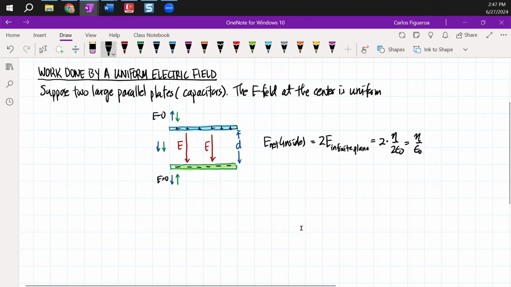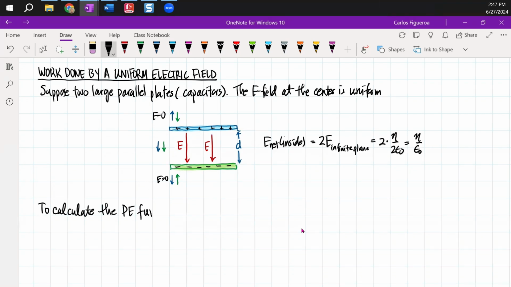So to calculate a potential energy function, the test charge either moves with the field or against the field.